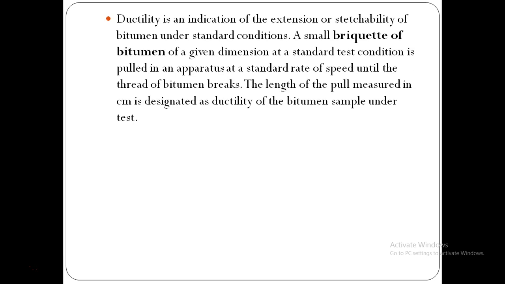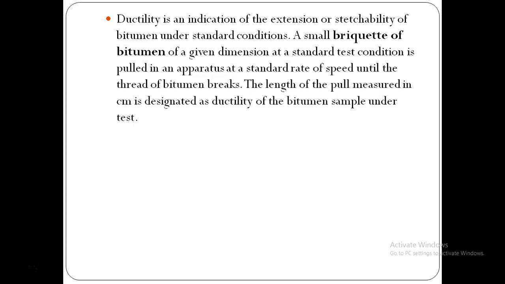The second option is the briquette testing apparatus. This is related to bitumen, to find out the ductility, which is an indicator to measure the extension or stretchability of bitumen under particular standard conditions.